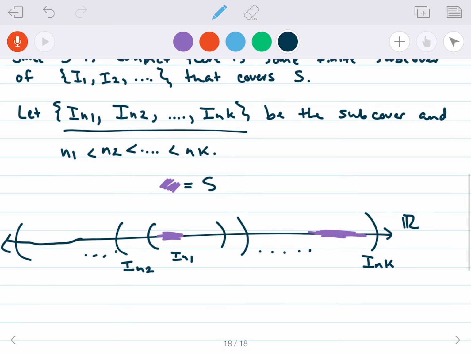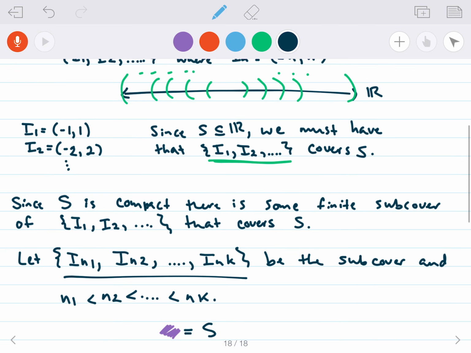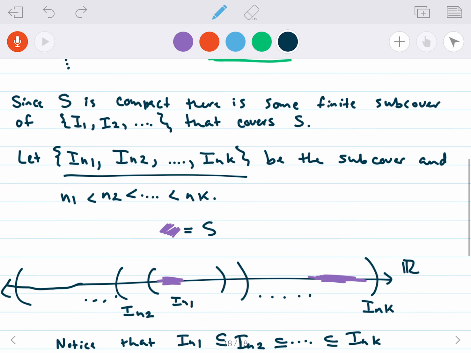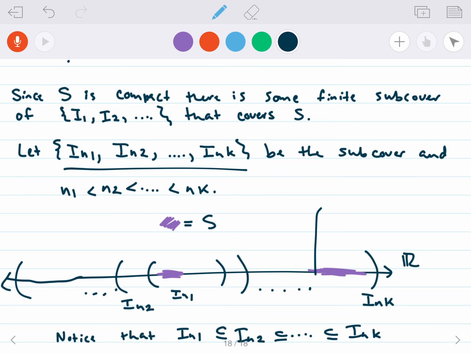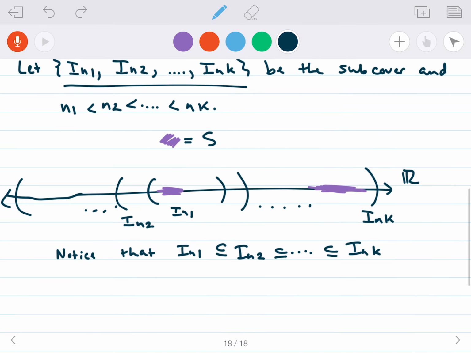And also notice from the picture that I_{n1} is completely contained in I_{n2}, which is completely contained in so on, all the way up to I_{nk}. Because remember, I1 is -1 to 1, I2 is -2 to 2, since n1 is less than n2 all the way less than nk.